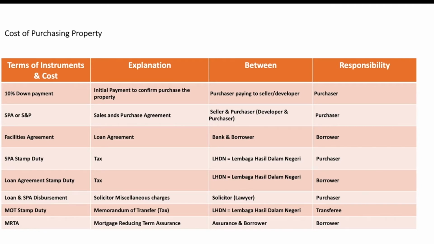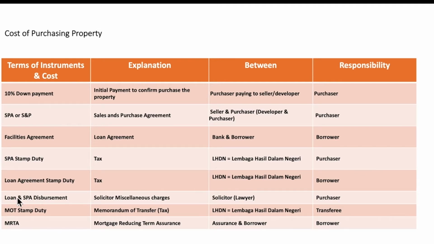So you would also need to pay the legal fees for the sales and purchase agreement (SPA), and you also need to pay for the facilities agreement, which we also call the loan agreement. Those documents you need to take to be stamped, and the loan agreement as well.